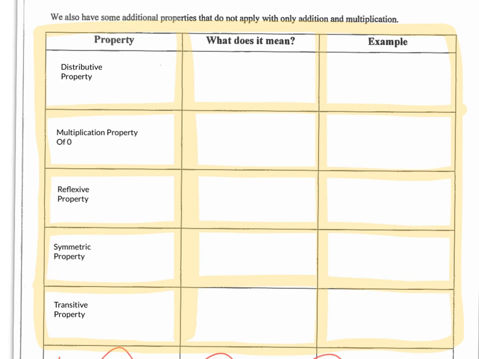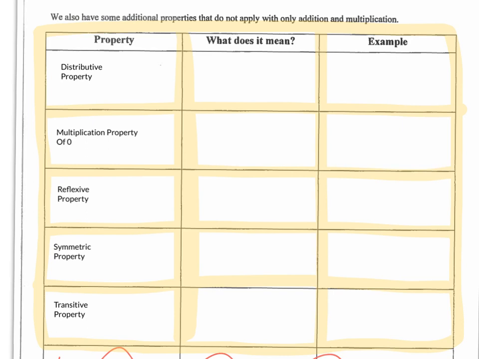So I went ahead and highlighted all of my boxes, and I also wrote down all of the properties that are on this page. So notice we have 5 properties, not 6. I have 1 extra row on this one. So these properties on the back don't only apply with addition and multiplication separately. Some of them have multiplication in them with addition, or it's just one or the other.